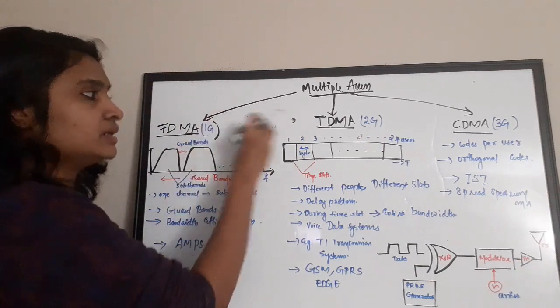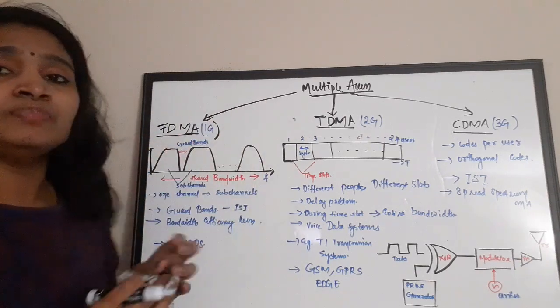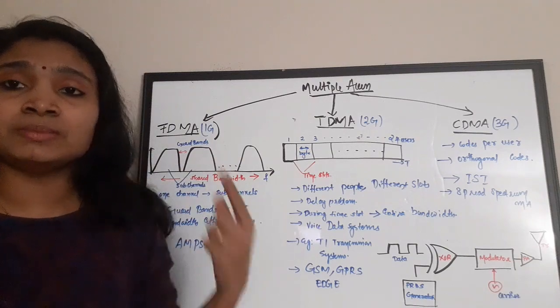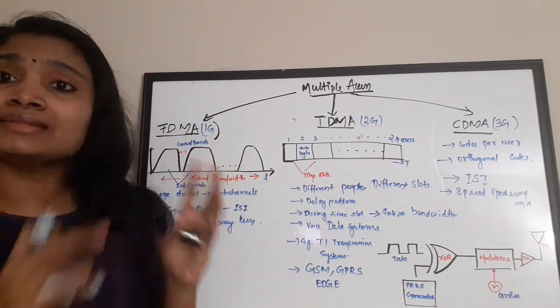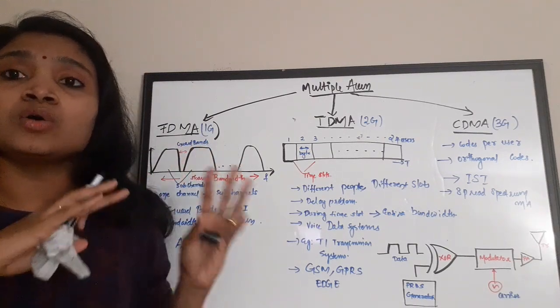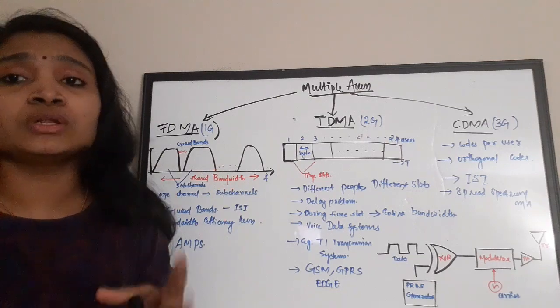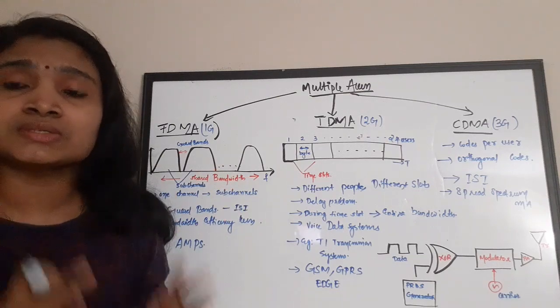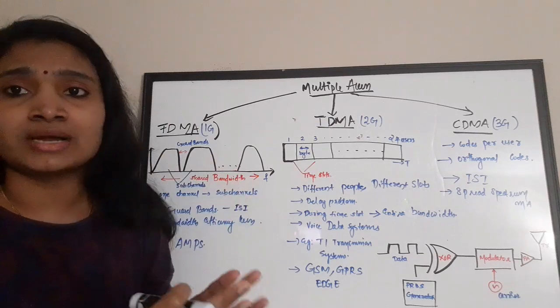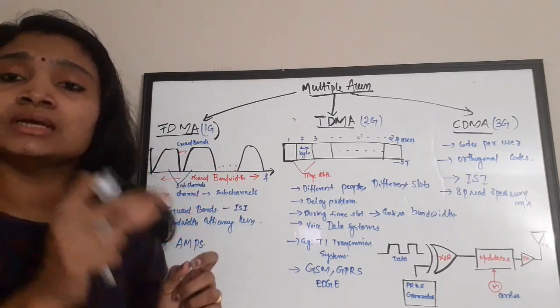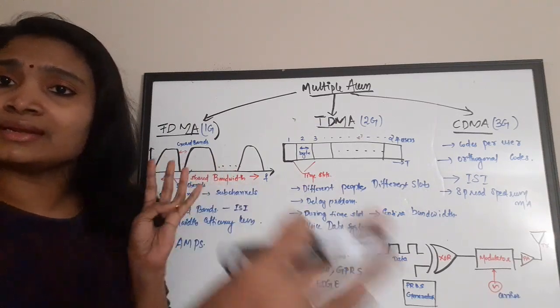These sub channels are used by various users, and each sub channel is wholly allocated to a particular user, and only that user can access it. Sub channels means a particular frequency range over the entire bandwidth.